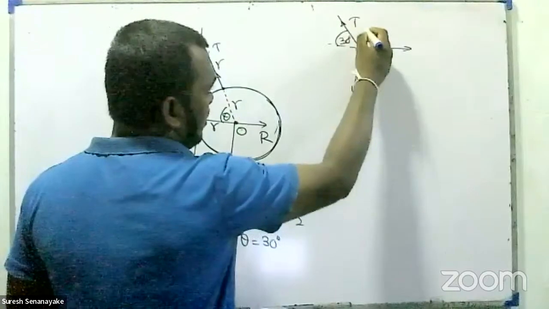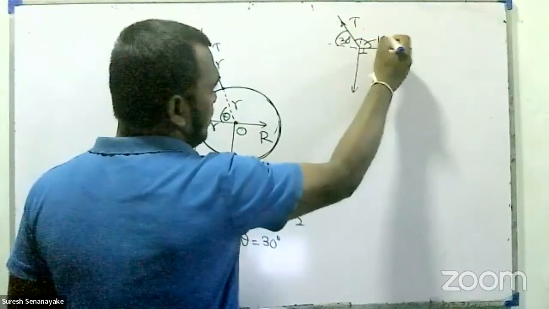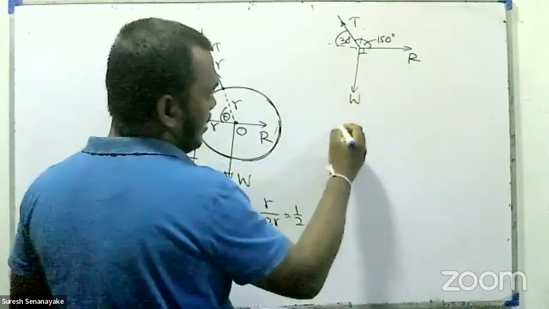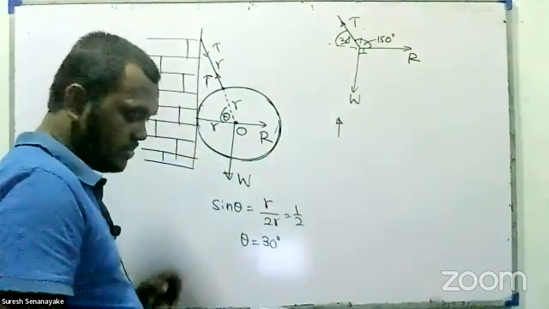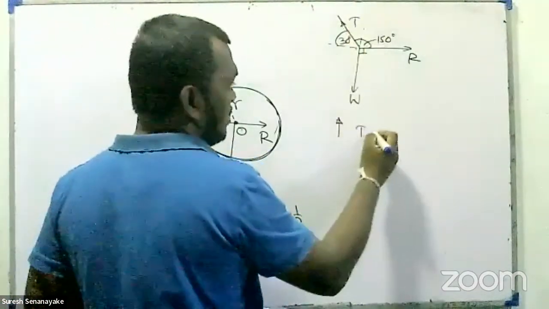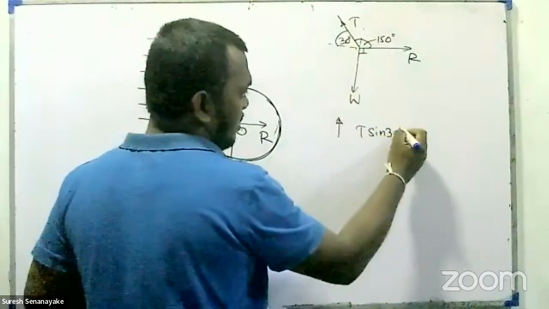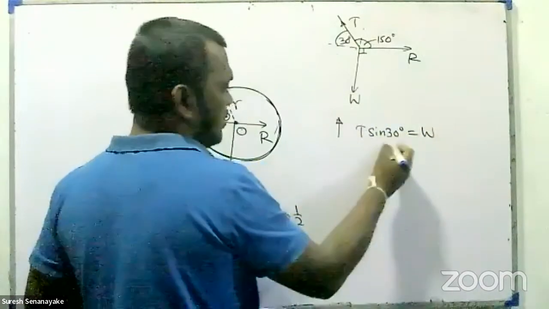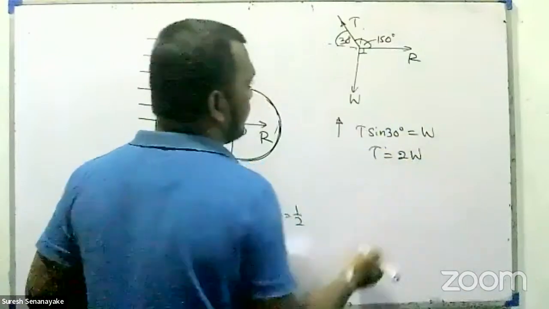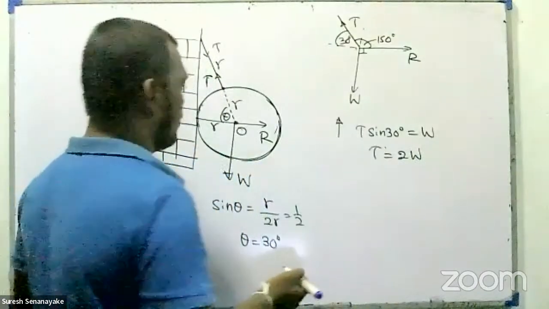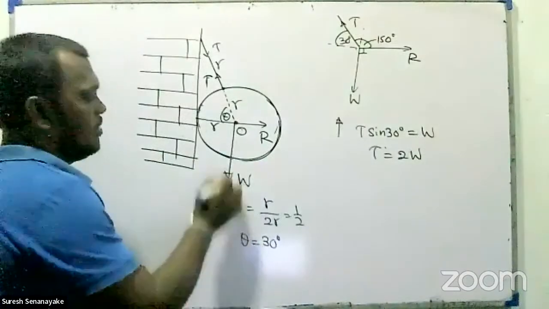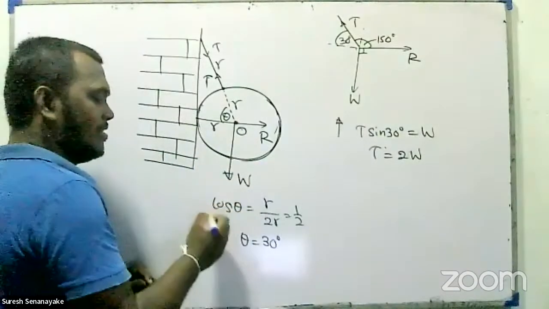So this is 30 degrees, this is 60 degrees, and this is 90. Here it's W and this is R. Then you can consider the sum of all the vertical forces to be equal to 0. Oh, sorry, here not sin 30, I have to put cos 30.